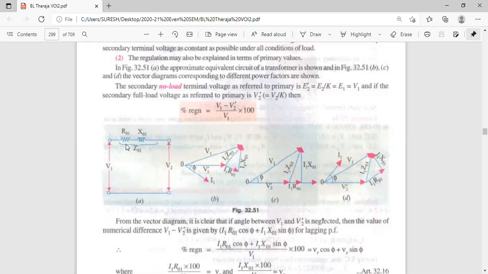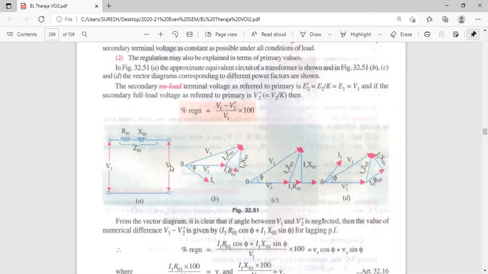R01 is equal to R1 plus R2 by K square. Similarly, X01 is equal to X1 plus X2 by K square. Primary values remain the same; R1 plus the secondary side converted R2 by K square. Like that you remember.